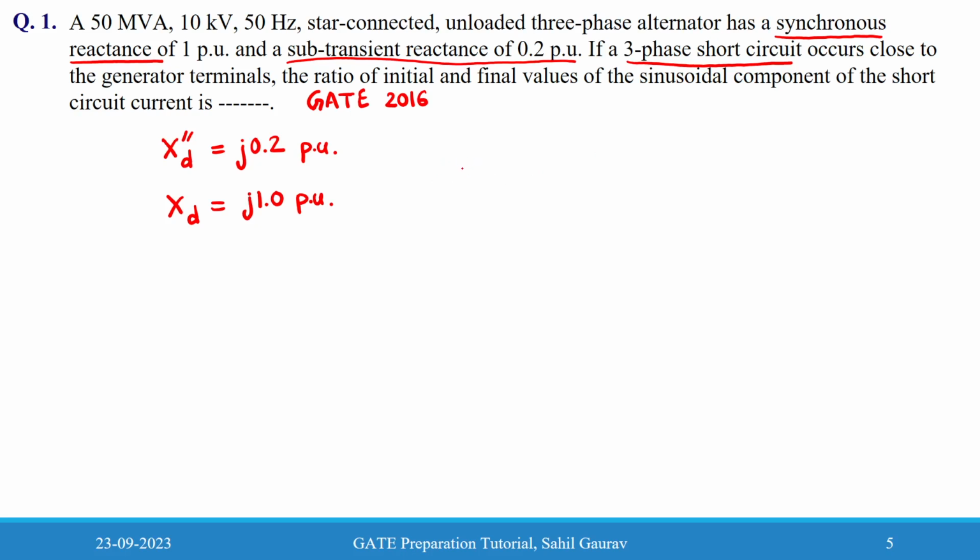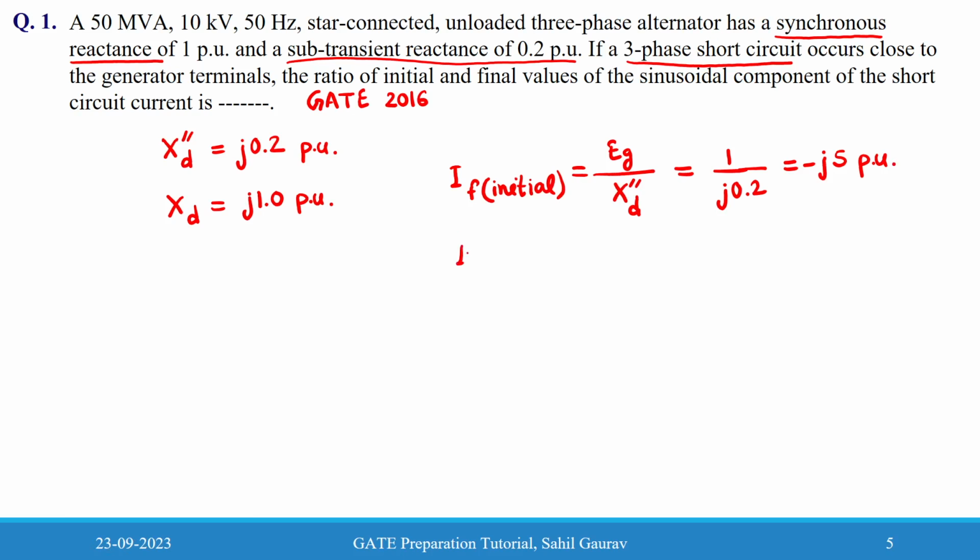The fault current, you can write I_F initial, that is EG, the generator voltage, and this initial will be the sub-transient reactance. So it will be 1 divided by j0.2. It comes out as minus j5 per unit.